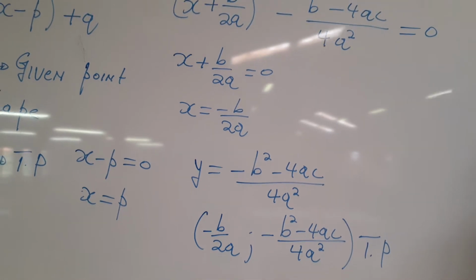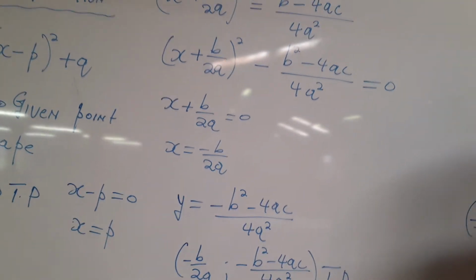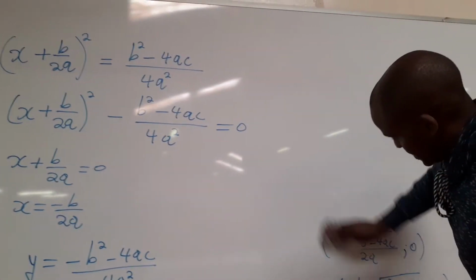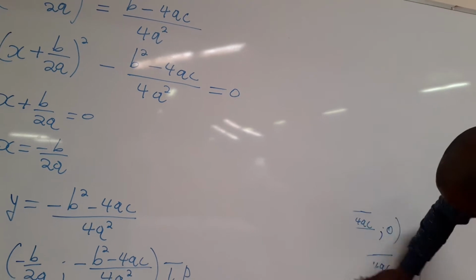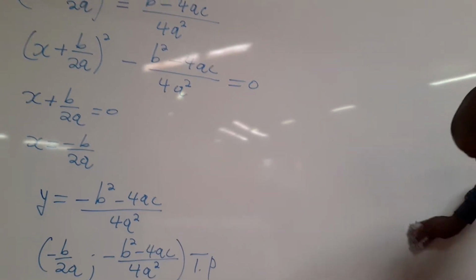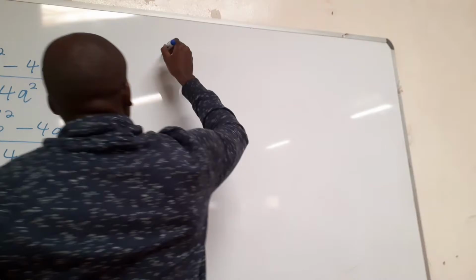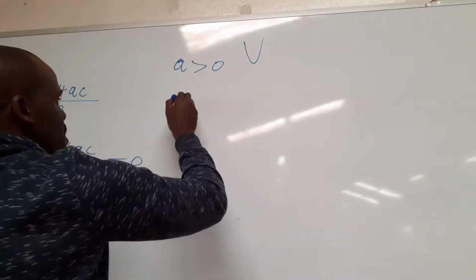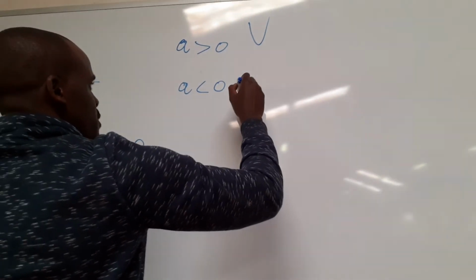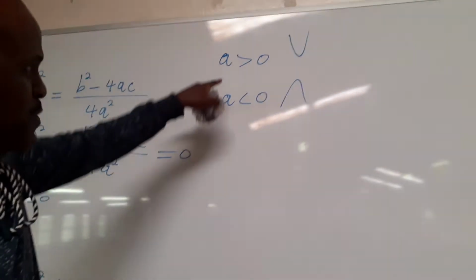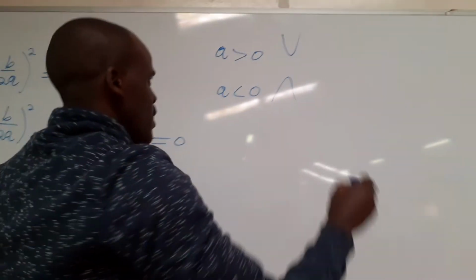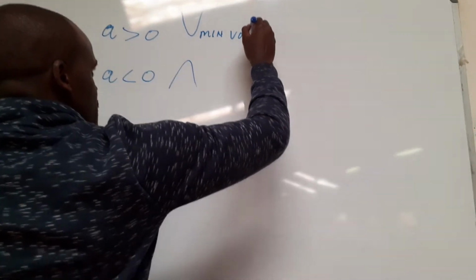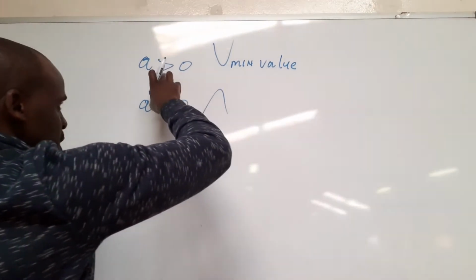As we are saying, the value of a tells us about the shape of the graph. If a is greater than 0, we said the graph will be concave up. If a is less than 0, the graph will be concave down. This means that if a is greater than 0, we are going to have a minimum value, only if a is greater than 0.